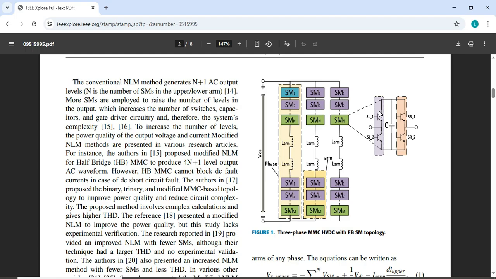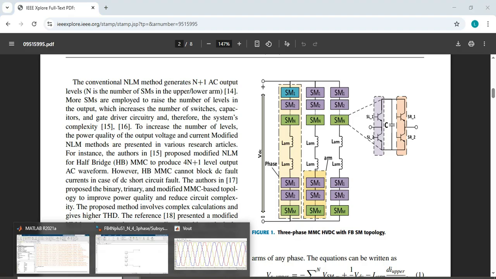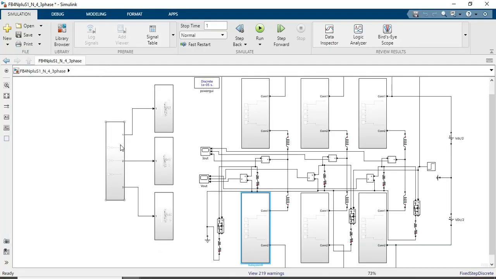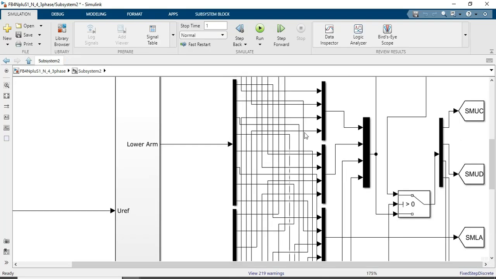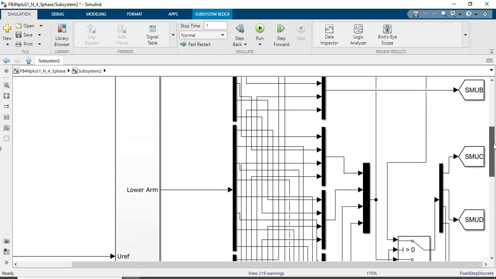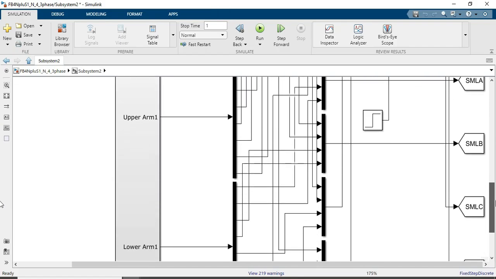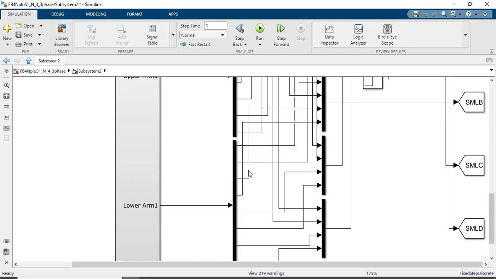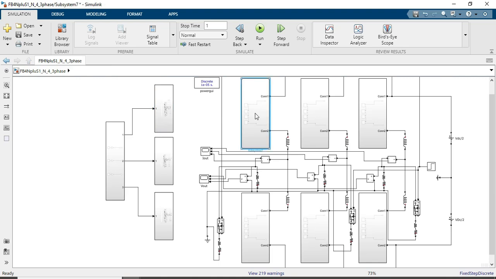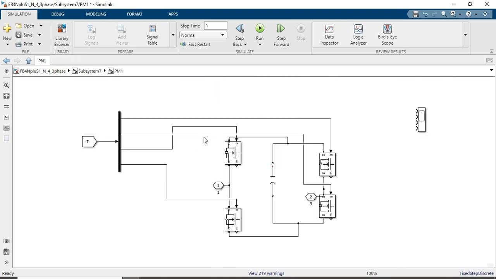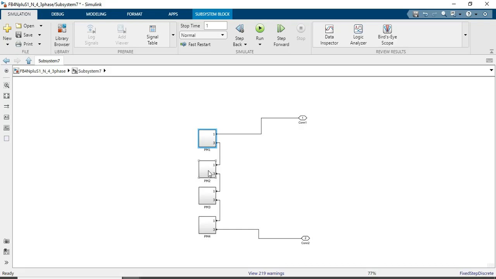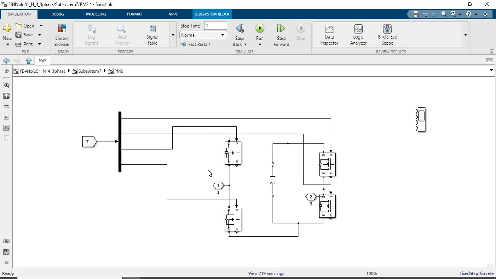Based on this assumption, I developed the scheme to operate this full bridge submodule. It's quite complex, where I have many signals, and I need to reroute them to their destination and send them to the submodules and to the switches.